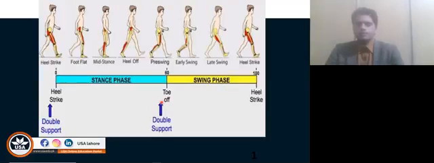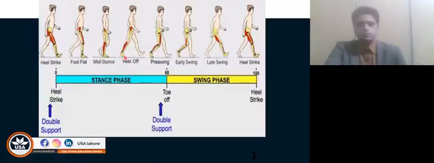This terminal stance or heel off is the period during which the weight of the body is transferred from the hind and midfoot regions onto the forefoot. It usually occurs from 30 to 50% of the stride and usually coincides with the beginning of the terminal double limb support.